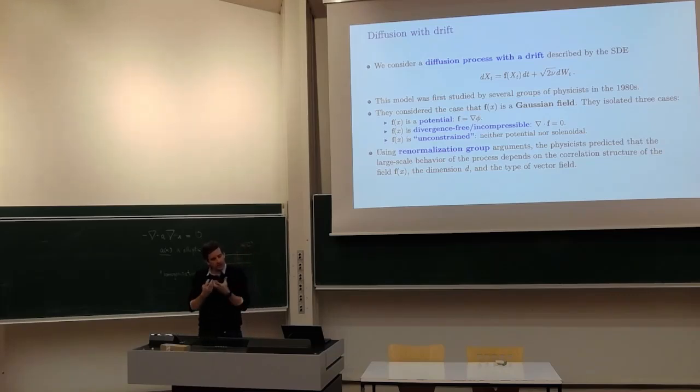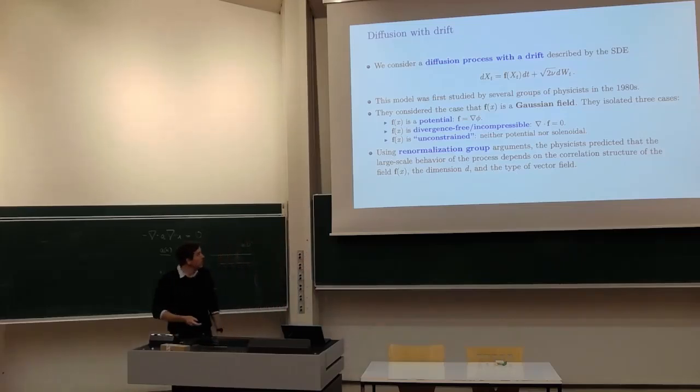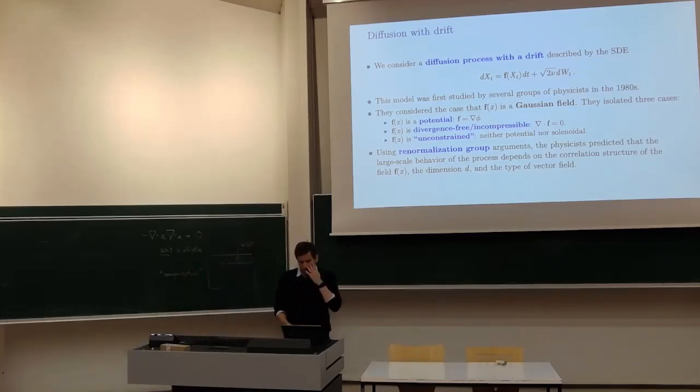The reason they think it's a toy model is that it's a model for the behavior of a tracer particle in a turbulent fluid. Like you imagine a small particle of pollution moving in wind or something. Because a turbulent fluid will be divergence-free and will advect the particle. But the particle will also be bombarded by random air molecules, and so there will be a Brownian motion component to it as well. All right.